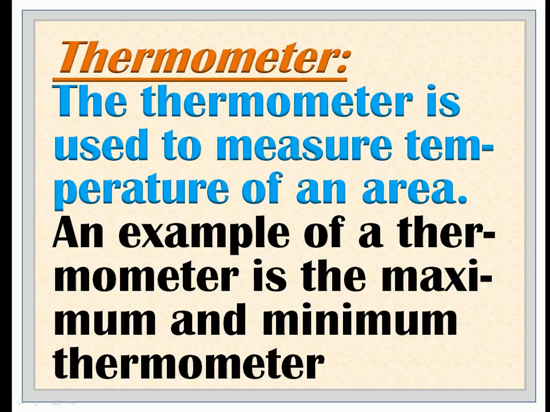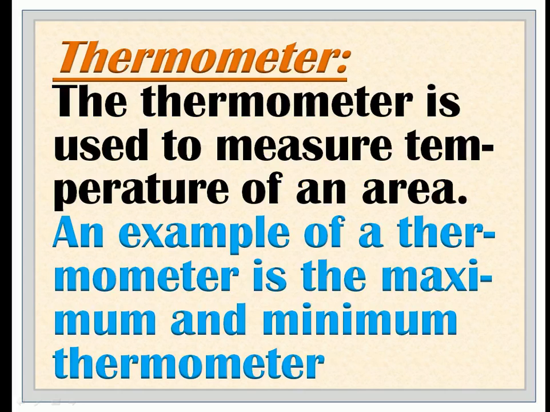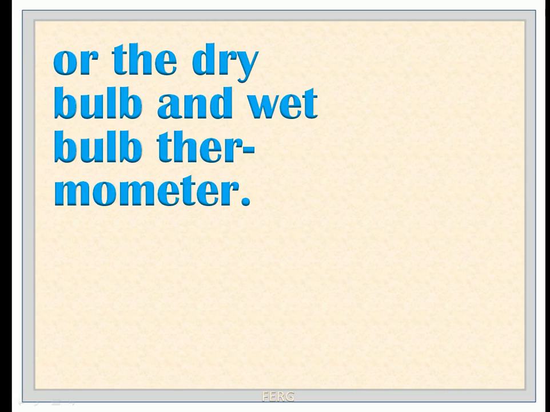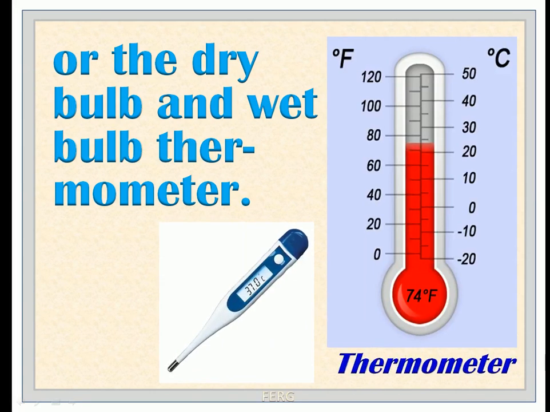Thermometer. The thermometer is used to measure temperature of an area. An example of a thermometer is the maximum and minimum thermometer, or the dry bulb and wet bulb thermometer. This picture illustrates a thermometer.